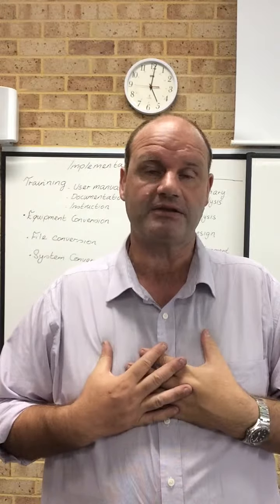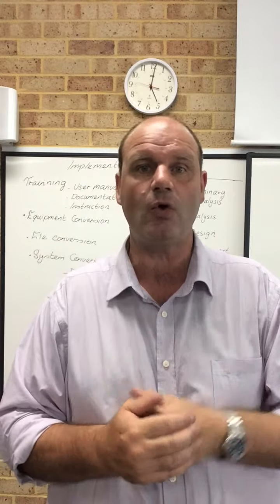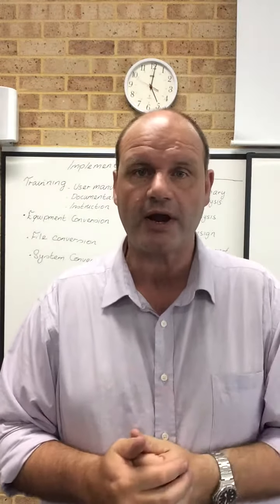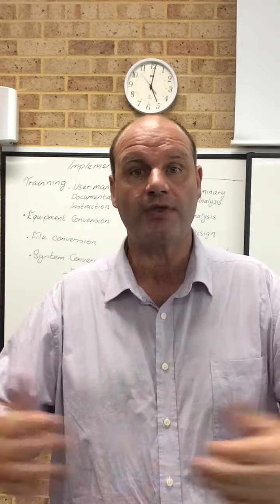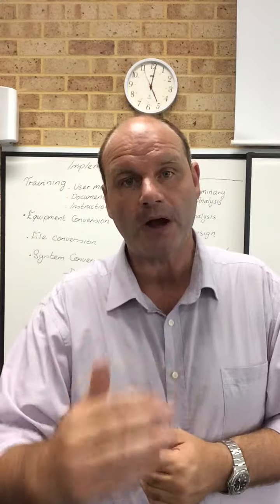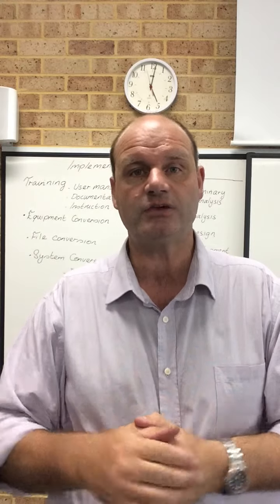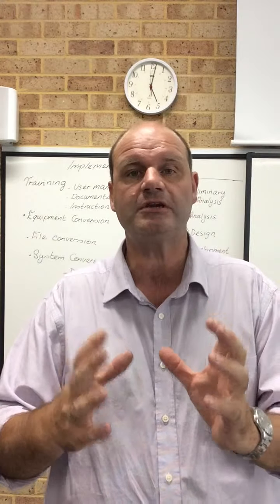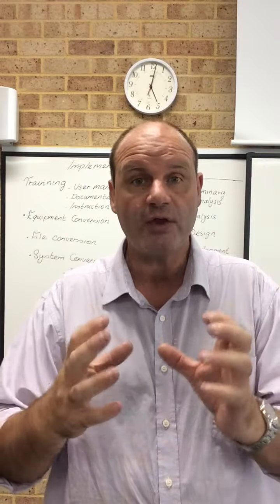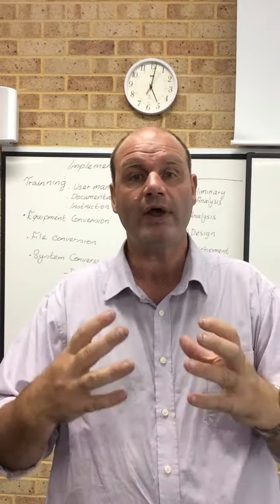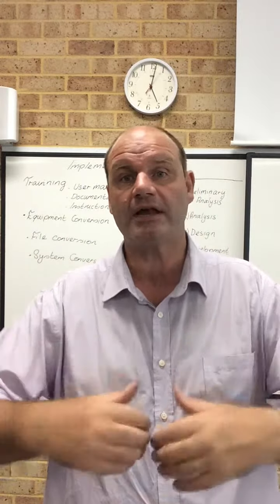I am the pilot, so I am the person who's looking at all the problems and trying to iron them all out, and then eventually it could be rolled out to other departments. So pilot conversion is where a whole new system is put into a particular branch or department. They work out all the issues, and when it's done, it's rolled out across all other areas.